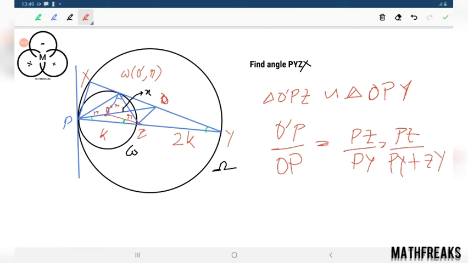Sorry, not PY. This will be PZ, that is equal to 1 by 3. O dash P is r. This is x plus r. From this we will get x equals 2 times r. x equals 2r.